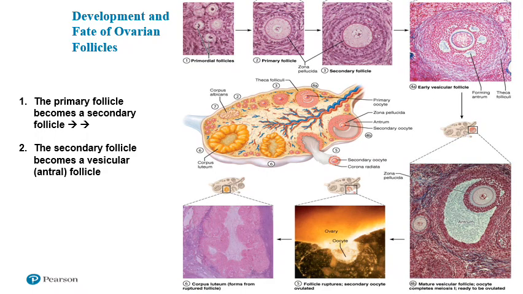In the early vesicular follicle, still a primary oocyte, you can see the development of antral spaces slowly filling up with antral fluid as the follicle matures. Here you have a vesicular follicle already.